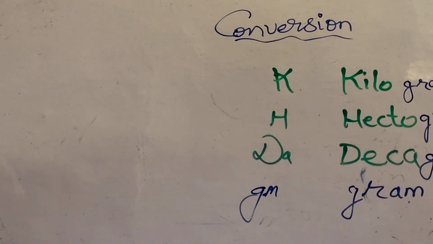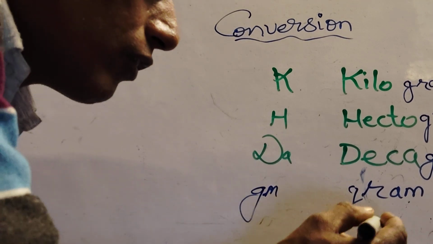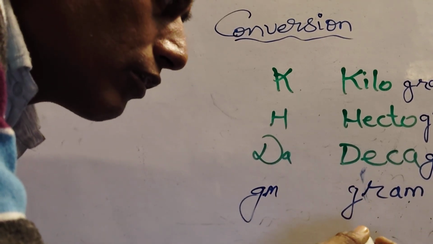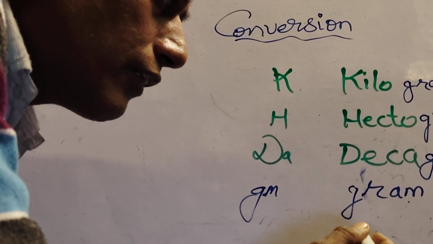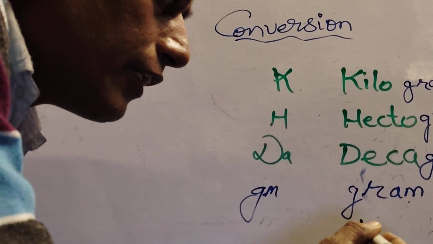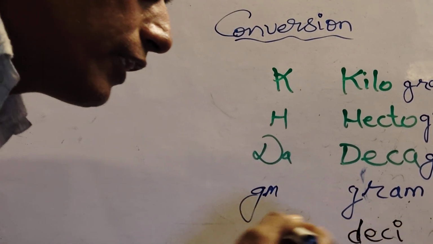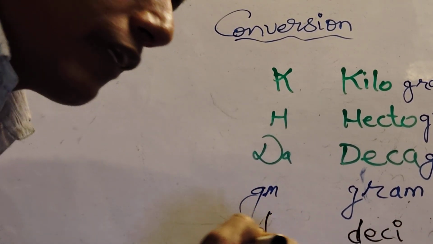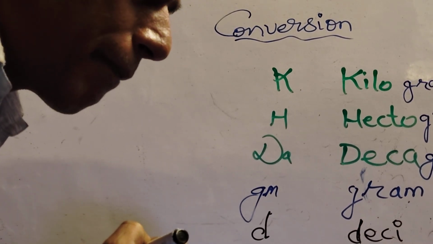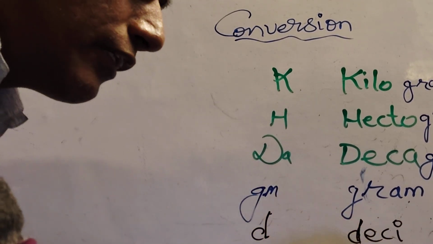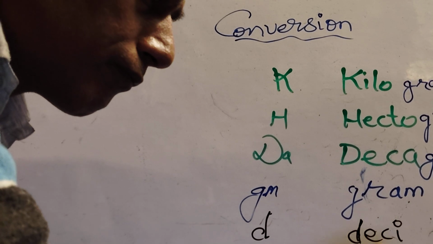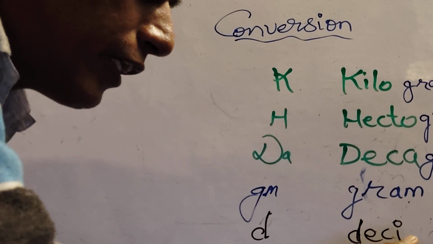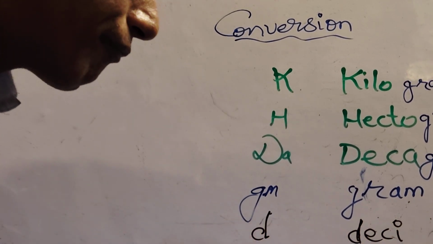Now, smaller than gram. Is it milligram? Milligram is too small. The next smaller is deci. Small d means deci. Then the next smaller is centi, small c.